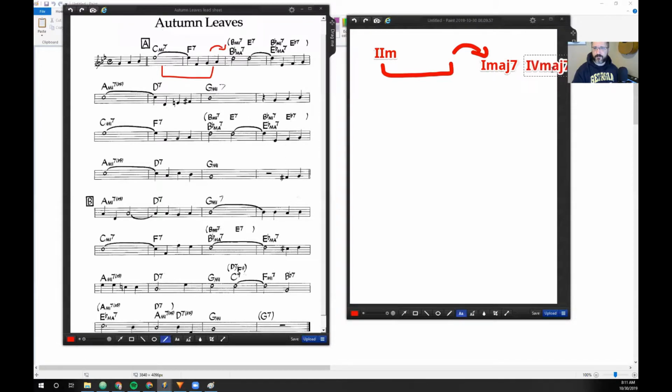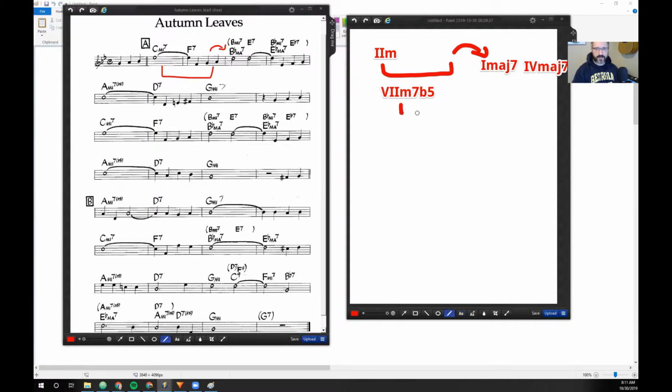And then it goes 2 5 1 in G minor. As it turns out, that 2 is also the 7, 7 minor 7 flat 5. But it's still a 2 5.